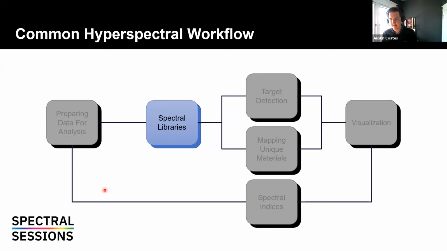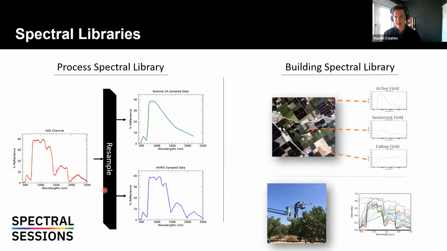So once you've identified what you're looking for in your image, and once again we're looking at some vegetation over here, you can go through and build a library. So maybe I'm looking for a couple of different materials. If we look at this image over here, I'm going to build a spectral library, and I'm going to say I want an active field, a senescent field, and a fallow field.